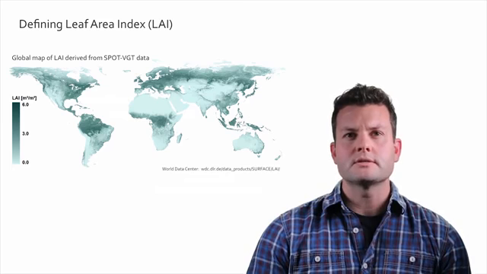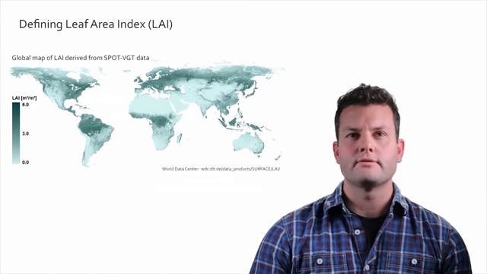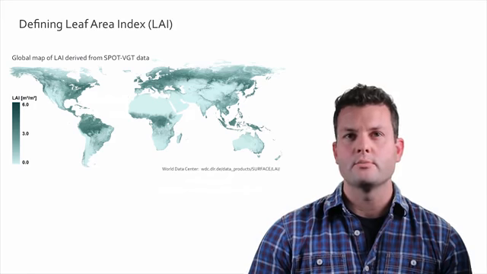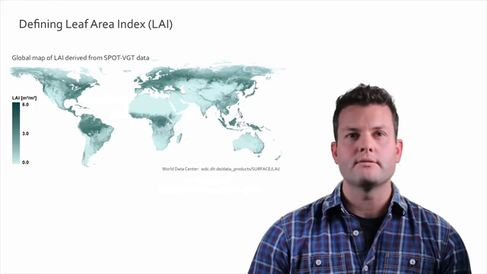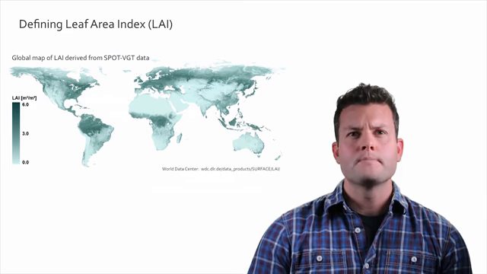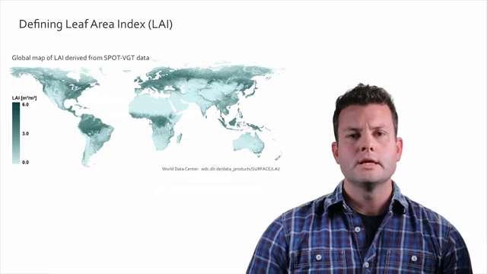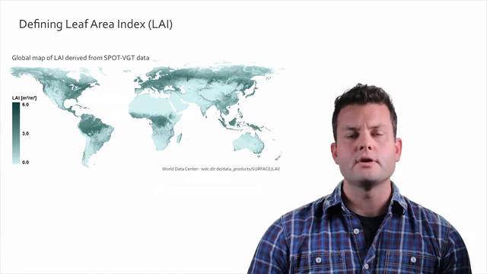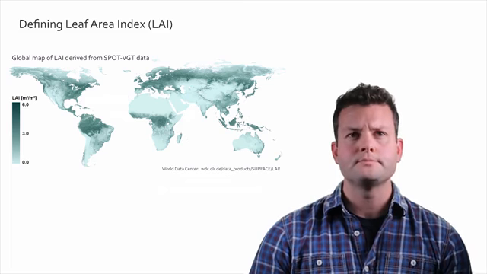And the patterns that we're seeing are reflective of many processes and many variables. In this case, we could talk about water, we could talk about light availability that explain some of these patterns. But you can just see that in this case, LAI is very descriptive of the patterns of the world's vegetation, just as one example.